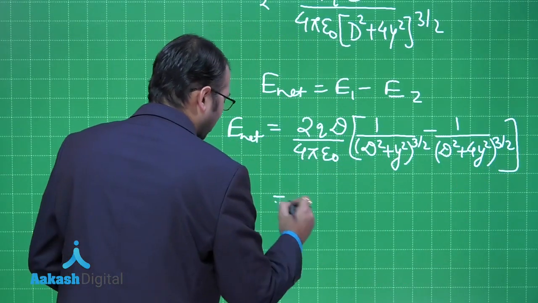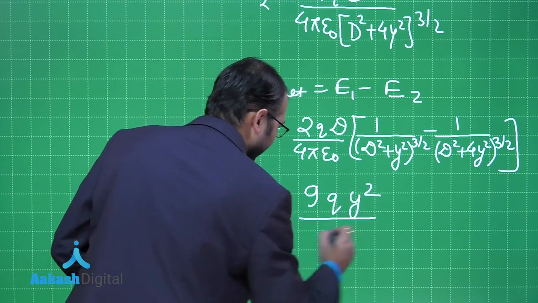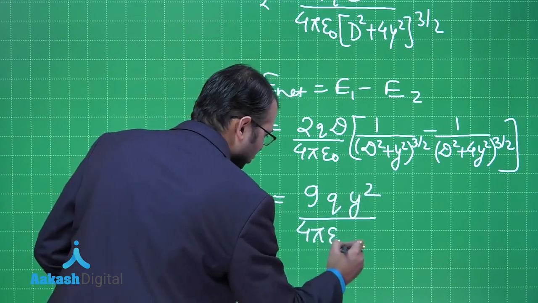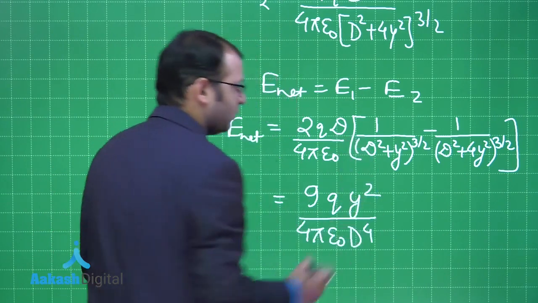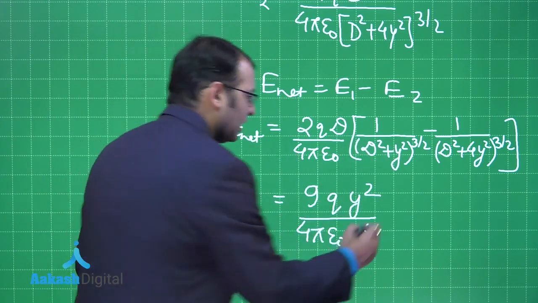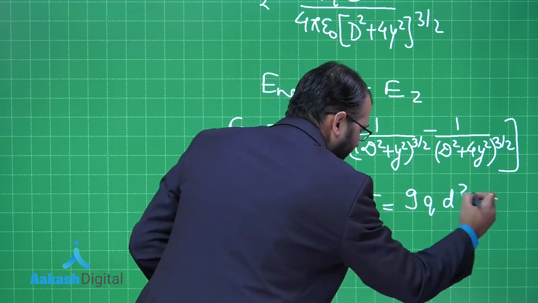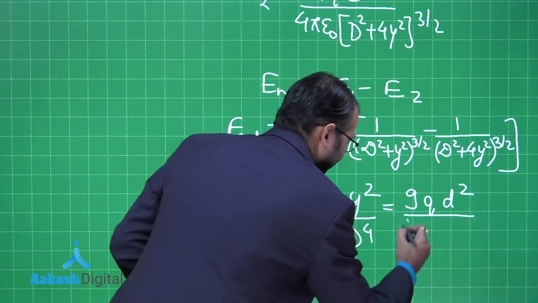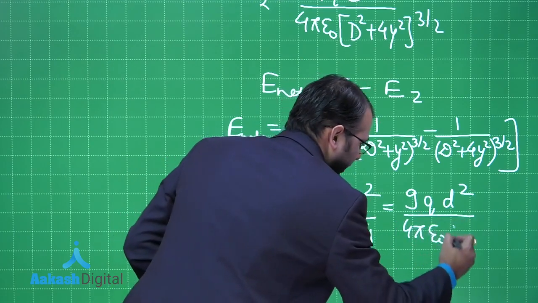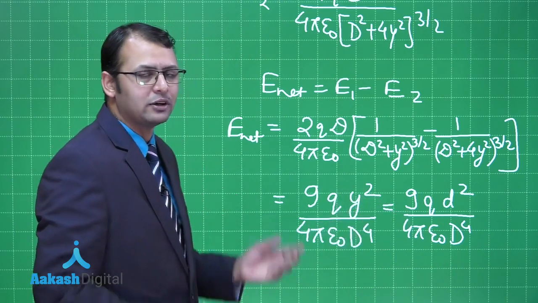From here, when you solve this, you will get 9q y square by 4 pi epsilon naught D power 4, right? I have taken D common out from here. Then this relation will now be written as 9q small d square divided by 4 pi epsilon naught capital D power 4, because y is equal to small d in magnitude as per the question.